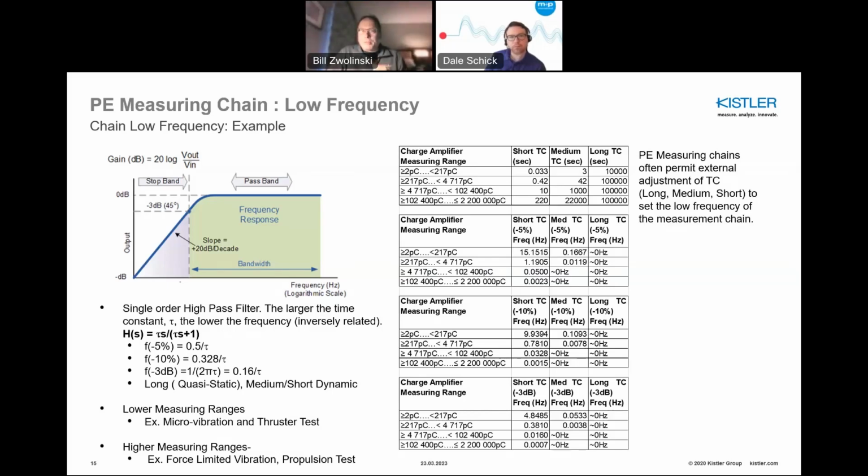When you're doing preloading functions, where you need a quasi-static capability, you would be using the long time constant, which really enables you to measure preload forces very accurately, which is a very important step.